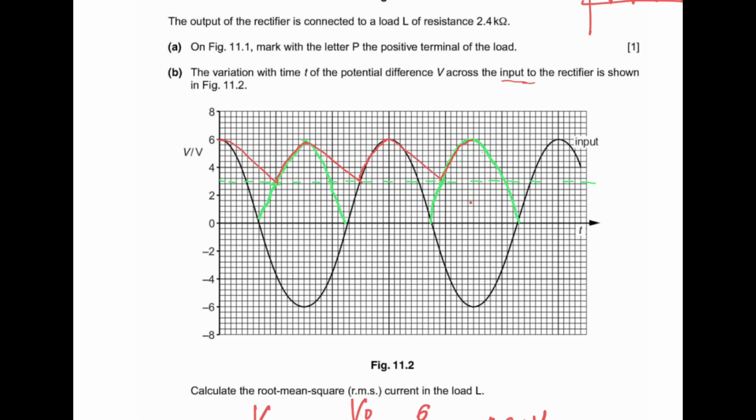Charge, straight line, charge, then straight line. Okay, so the red color graph will be the graph required. So after smoothing, it looks like that. So it involves two processes: full wave rectification first, then smoothing.